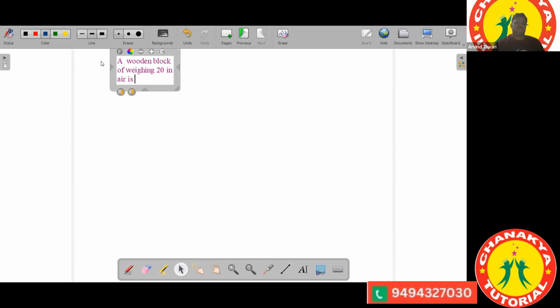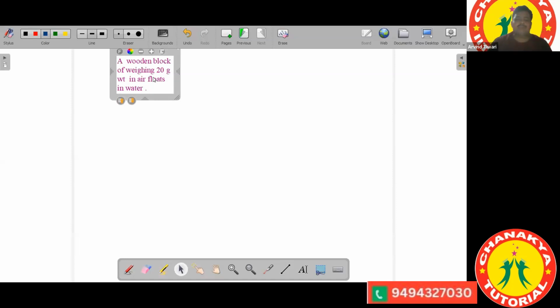A wooden block weighing 20 gram weight in air floats in water. So it floats in water. A wooden block weighing 20 gram weight in air floats in water.